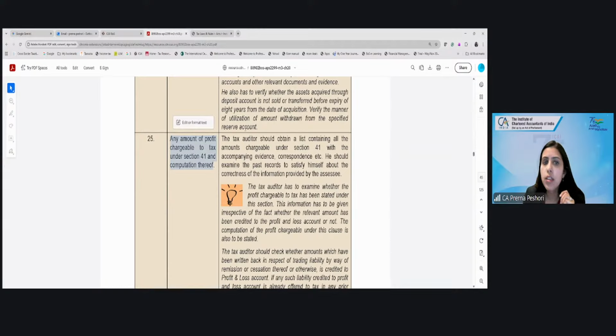Now, what is section 41? Remission of what, Sanjay?